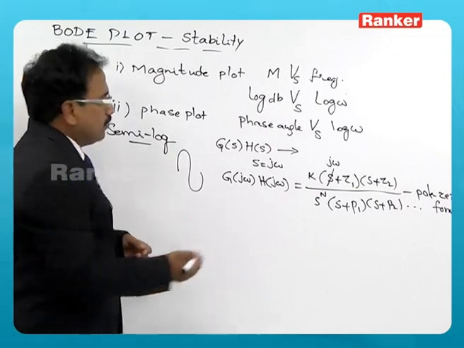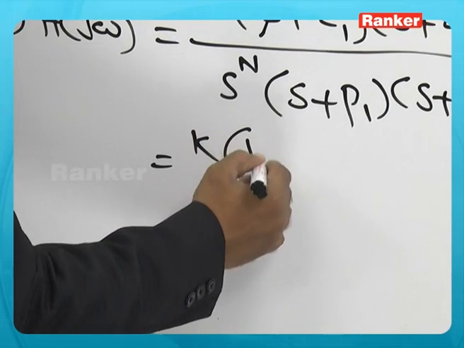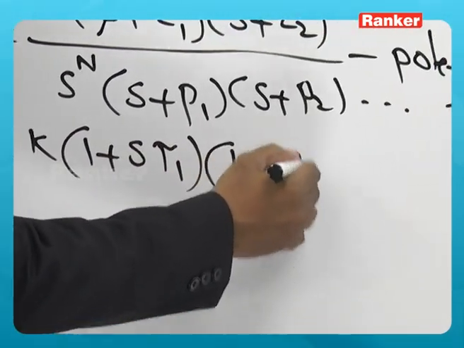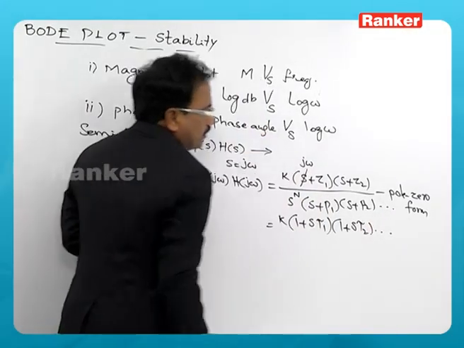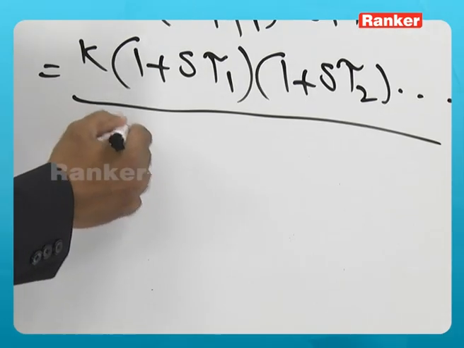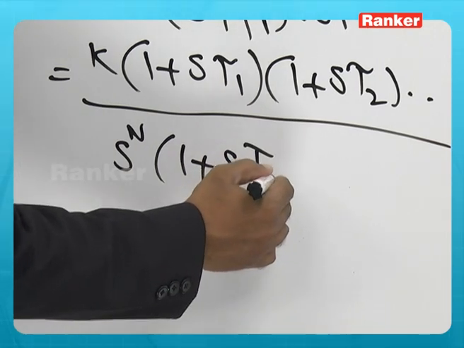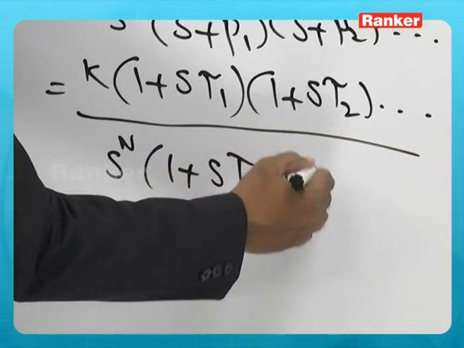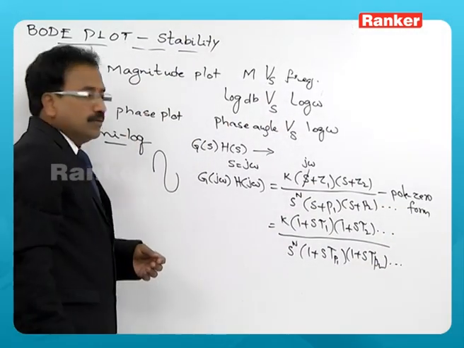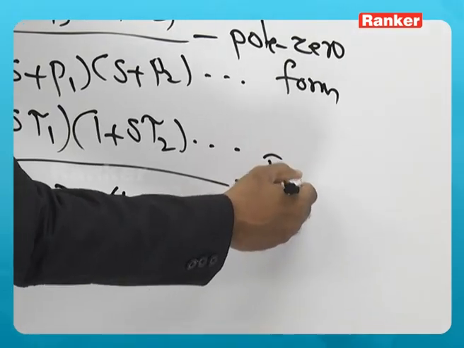The time constant form is nothing but again some gain constant into 1 plus s tau 1 into 1 plus s tau 2 and so on, and again poles at origin into 1 plus s t p 1, 1 plus s t p 2 and so on. So, this form is known as time constant form.